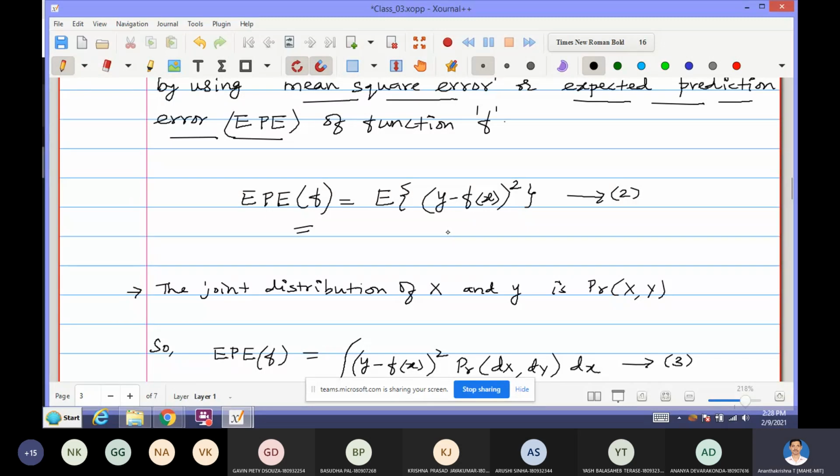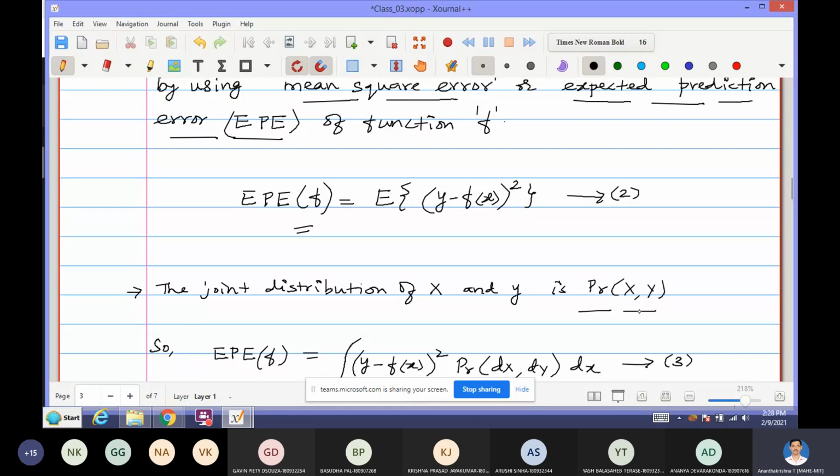As I mentioned earlier, we have assumed that the data comes from the joint probability distribution, that is probability of x comma y, input and output. So from the training data set we get the joint distribution, and p of x comma y represents the joint probability of x and y.